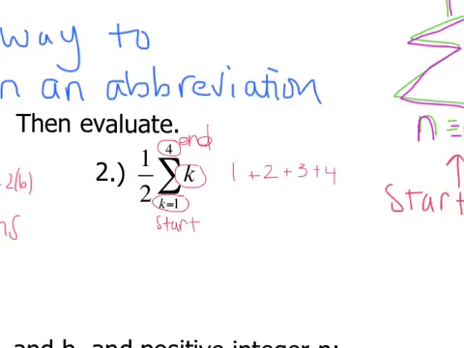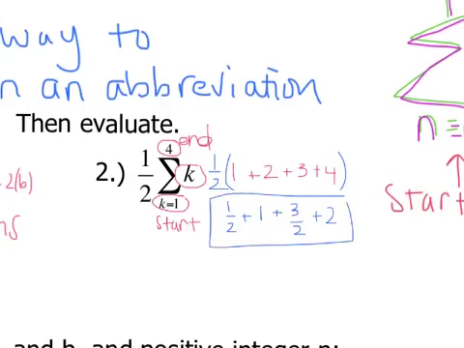We have that 1/2 coefficient. So think about taking 1/2 of each of those. So the actual terms would be 1/2 plus 1 plus 3/2 plus 2. So these are the terms.